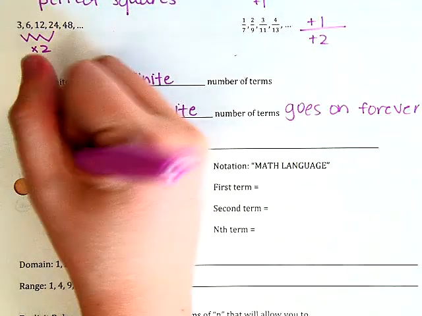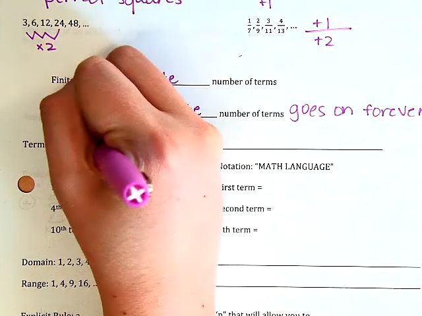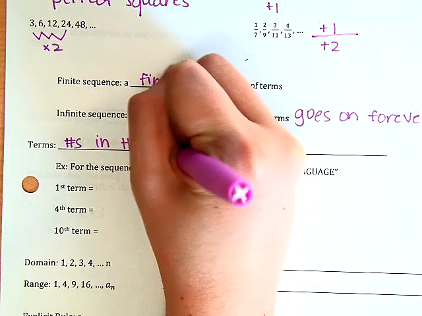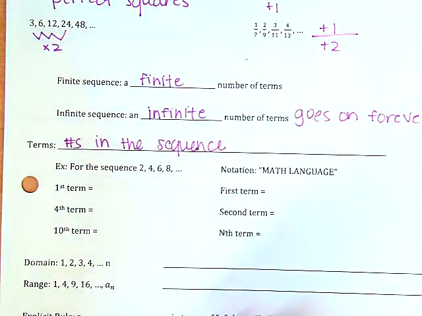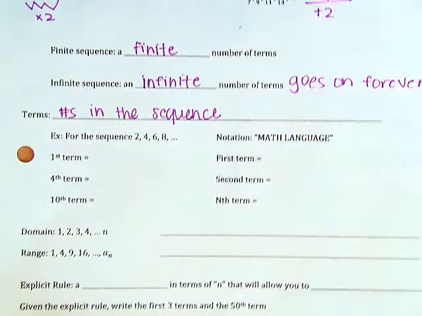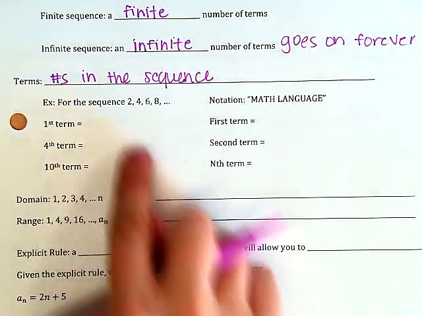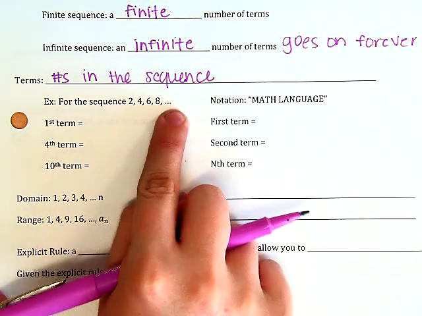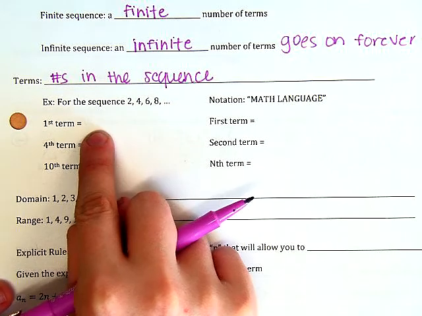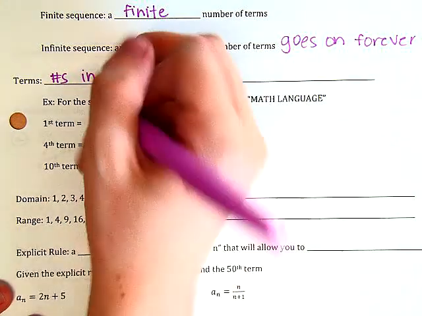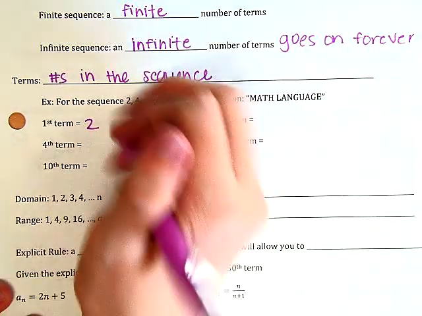Terms. Your terms are your actual numbers in the sequence. So looking at this example, 2, 4, 6, 8, next one would be 10. I'm looking at what is my first term. My first term is 2. My fourth term, 8.